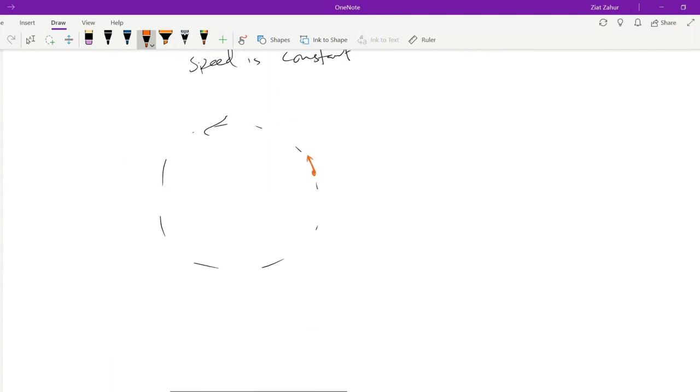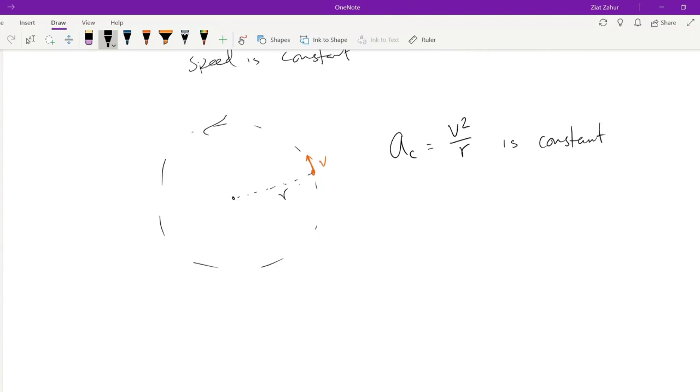And based on how far away you are from the center, you can figure out your centripetal acceleration, which is equal to v squared over r. And a_c is nice and constant as well, as long as v is constant.